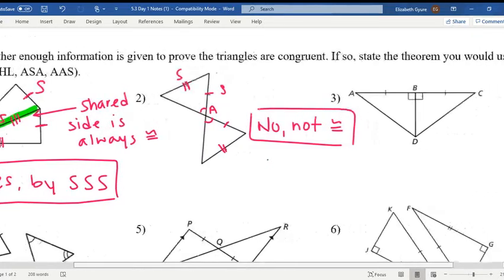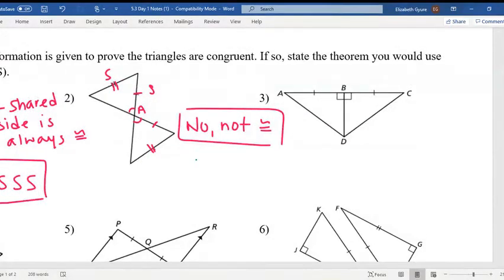All right. Let's take a look at number 3. In number 3, we have a set of congruent sides here with AB and CB. So there's a side. And we have a set of right angles.